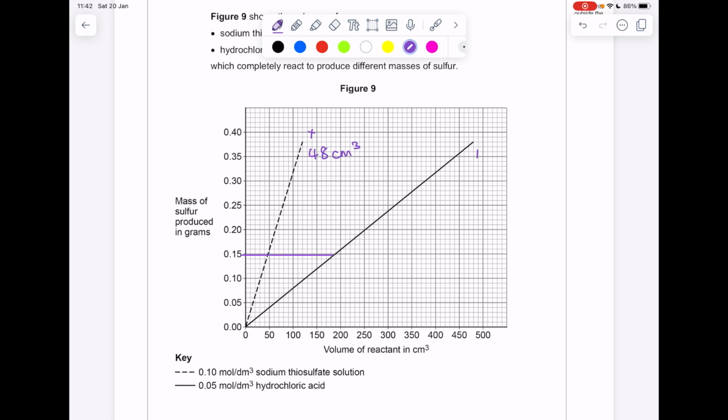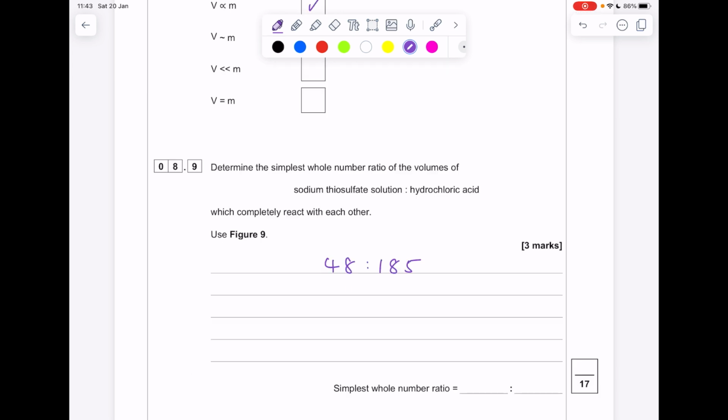Keep reading along. We have about 185 centimetres cubed of HCl. So to get it into a ratio, divide both numbers by the smallest number. So 185 divided by 48. So we want it to the nearest whole number, so it's 1 to 4.